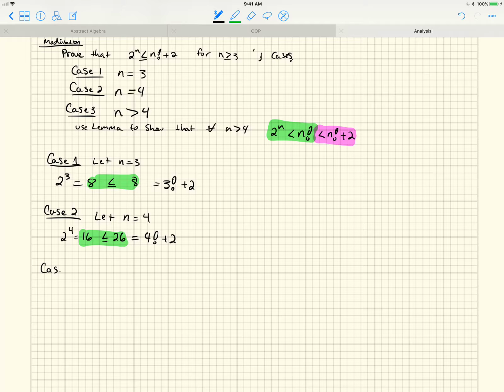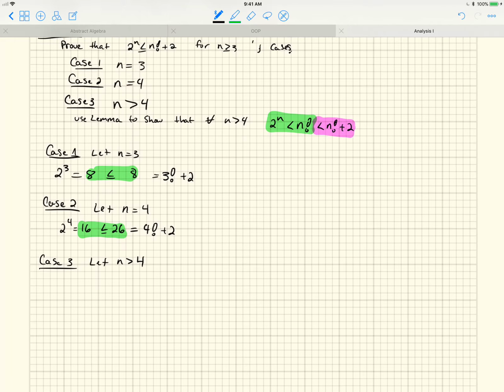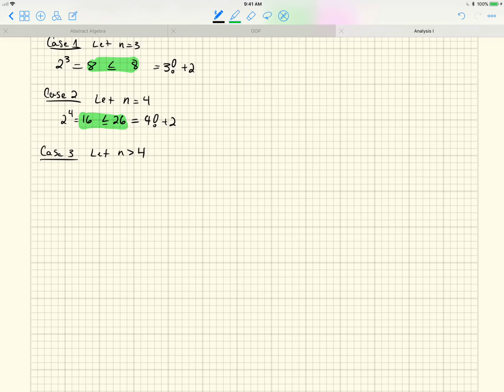Now we go to case 3, when we let n be greater than 4. Right? And this is where we're going to start our lemma, and this is where we actually will use induction.